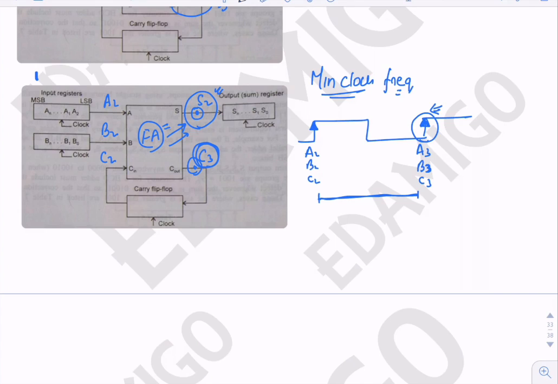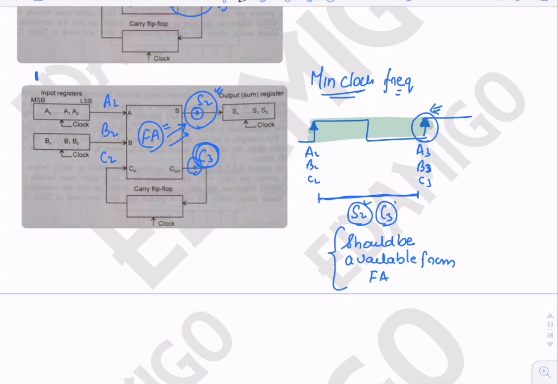Okay, so in one time period of the clock, the output sum S2 and C3 should be available from the full adder. Okay, so from the full adder, S2 and C3 should be available at the outputs. Otherwise, if the clock comes before these outputs are available, then the next outputs will be corrupted.